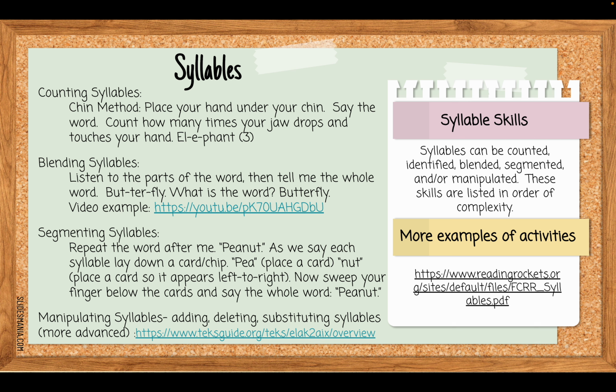So we want to recognize that beyond just counting syllables, students should be blending syllables together, segmenting them, or even possibly manipulating them. These are done orally, and so often a color tile or chip, you'll see some videos later, are used just to represent each syllable as students are counting, blending, or segmenting them together.